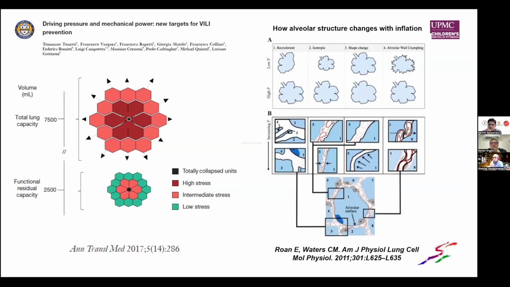So these two extremes might represent recruitment of previously atelectatic lungs. But in the middle, it shows either a change in shape or just a change in dimension, which would suggest hyperinflation. The bottom panels show where exactly with each of the shape changes, the stress and strain are related. They are not related at the same location in the alveolus or in the alveolar septum.